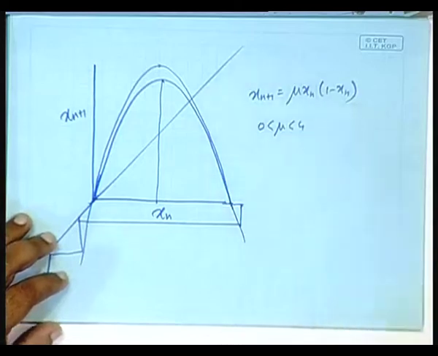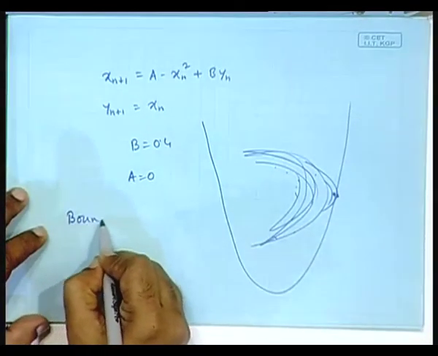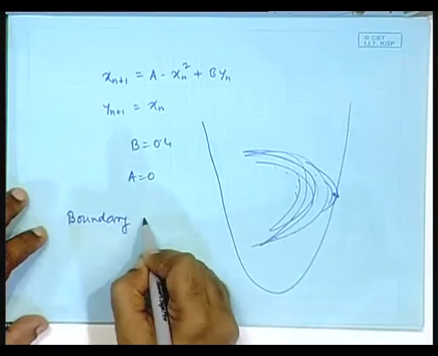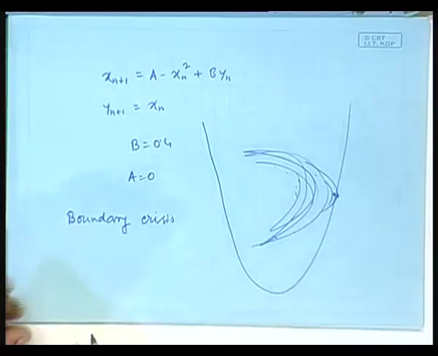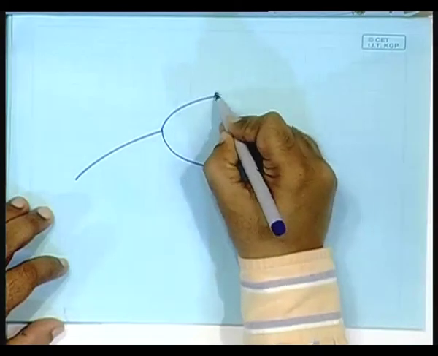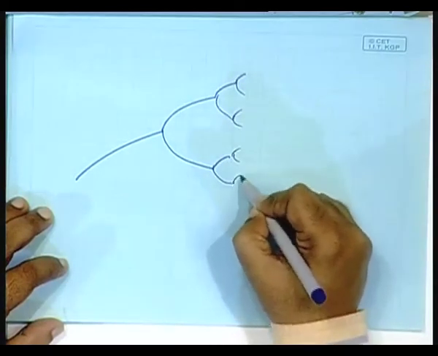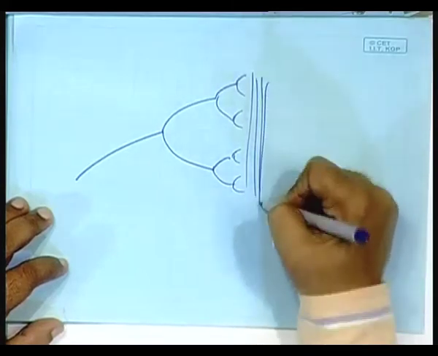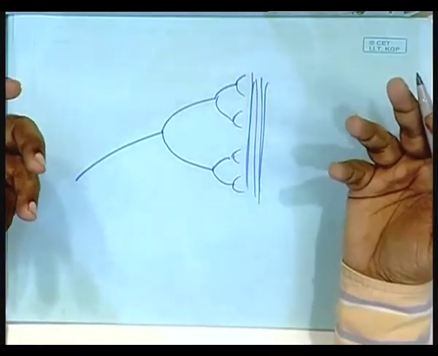Often you will find that if you draw a bifurcation diagram of a system, it goes on like this and finally it goes to chaos, but while it does so, a coexisting periodic orbit may be born.